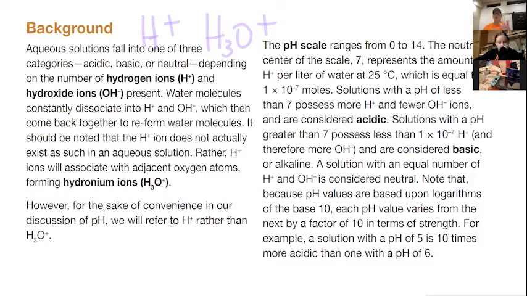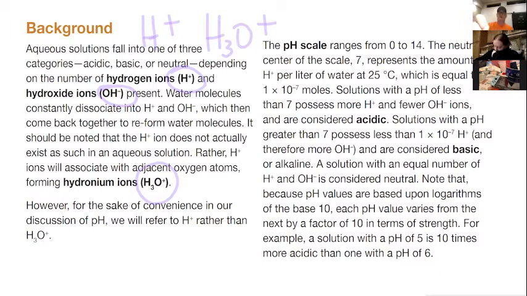And when you dissolve strong bases into water, they produce hydroxide ions. And so when we want to measure the pH of a solution, it's going to be based on the concentration of H plus or H3O plus. It's exactly the same thing.